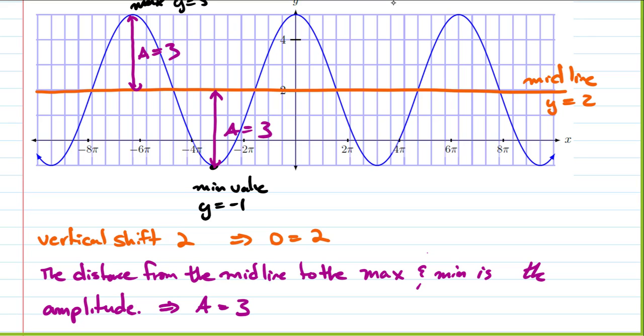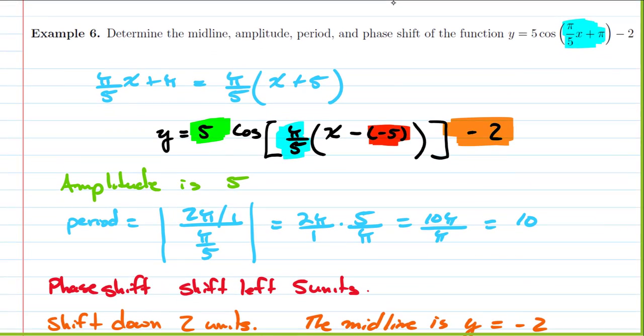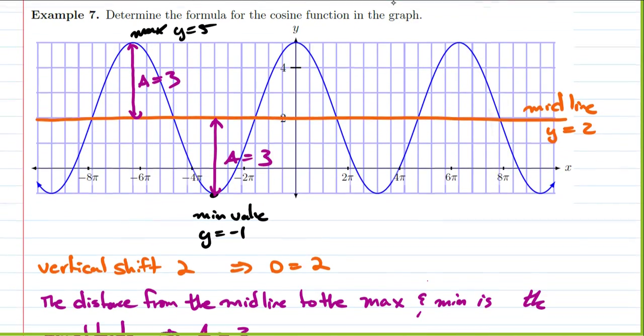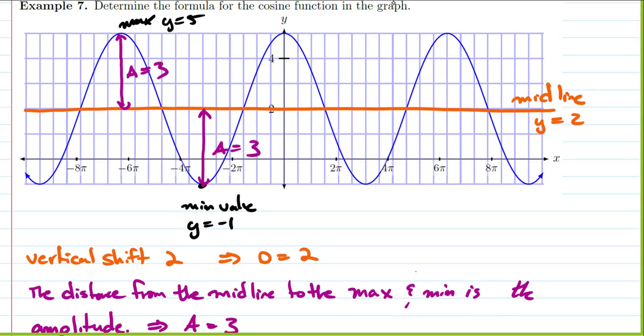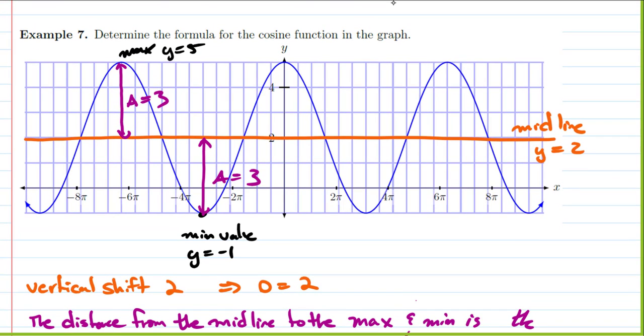So our graph starts at 1, goes down to -1, comes back here. So this distance is our period. And our graph did not repeat itself until we got to 6 pi.